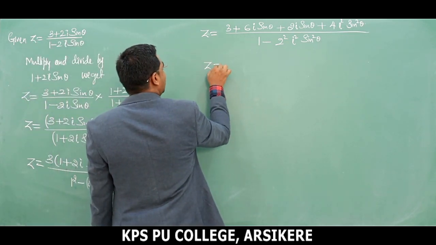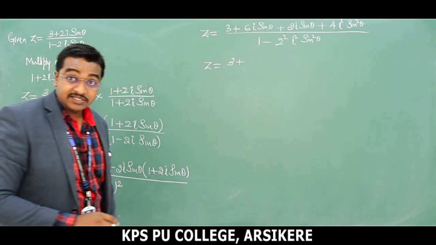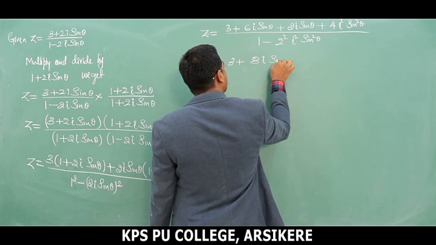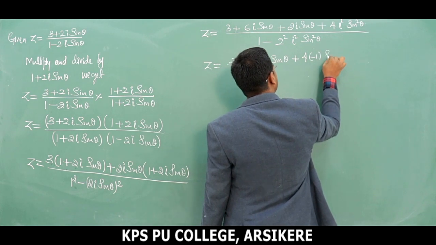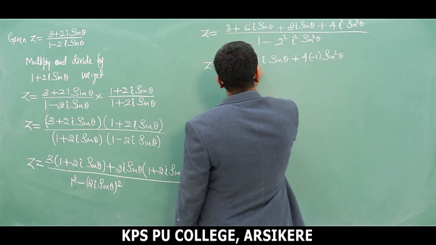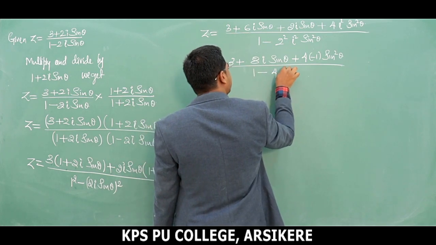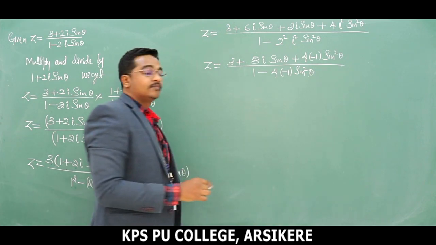Therefore Z is equal to 3 plus 6i plus 2i is 8i, 3 plus 8i into sin theta plus 4 times of minus 1 into sin square theta, divided by 1 minus 2 square is 4, minus 1 into sin square theta. Right.